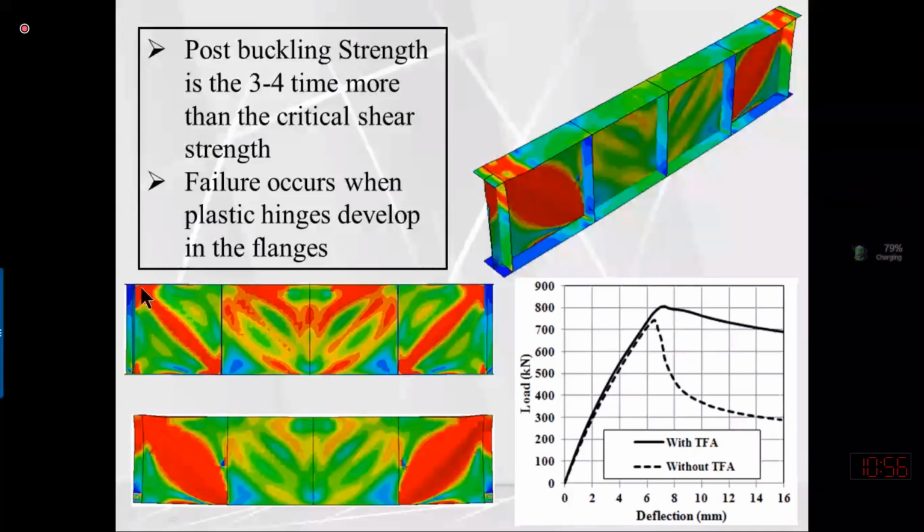This red strip indicates that the diagonal direction is subjected to tensile forces. These diagonal tensile forces are balanced by the compressive forces in the stiffeners and horizontal forces in this flange. So the member will only fail when the top flange at this junction reaches yield stress, or it will yield.